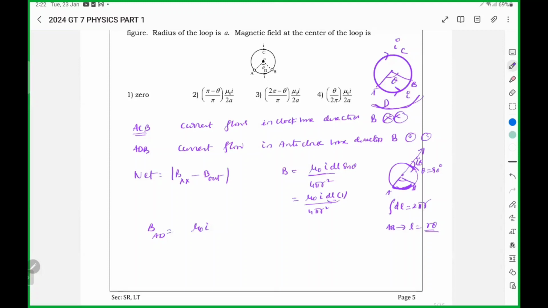So in place of dl, it is dB in fact. So dB will be integral dl. Integral dl is r theta by 4 pi r square. That is mu naught I theta by 4 pi r.